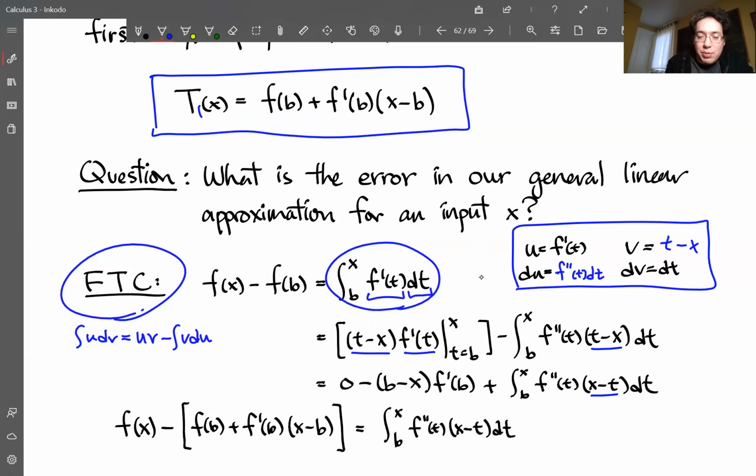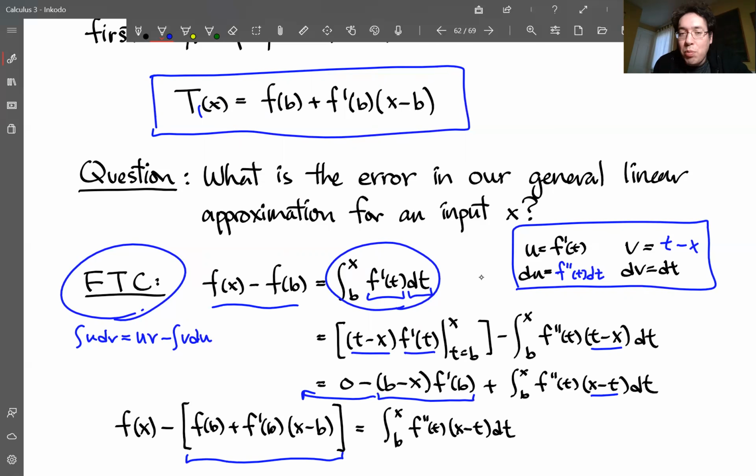And then what I'm going to do is bring this term over to the left-hand side of the equation. The left-hand side is f of x minus f of b, and if I bring this over, I get f of x minus f of b plus f prime of b times x minus b.